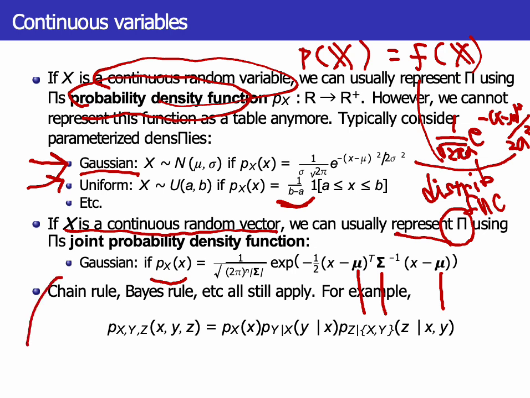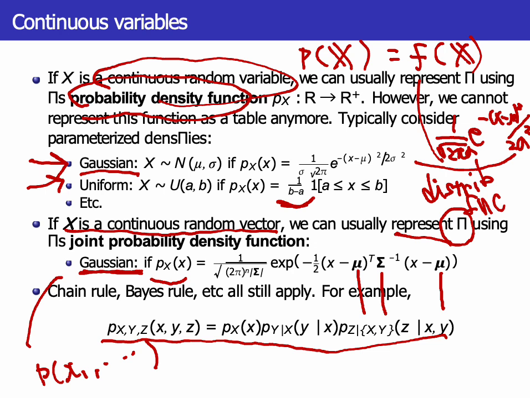Anyway, this is a joint probability of Gaussian distributions, and also the chain rule is still the same.